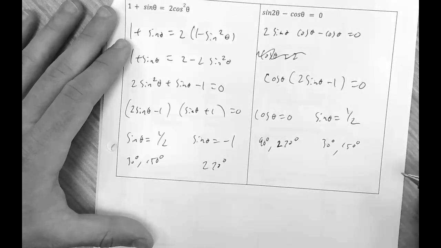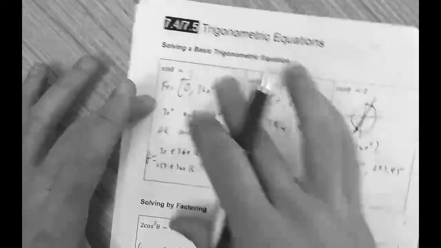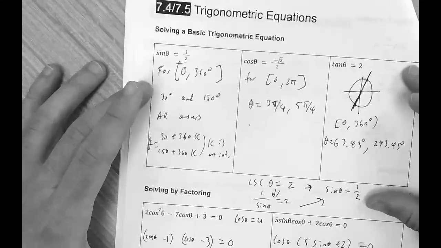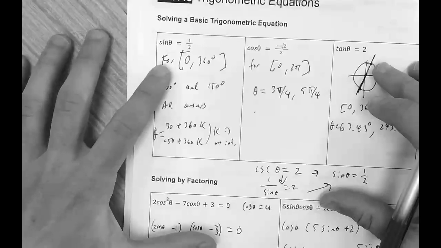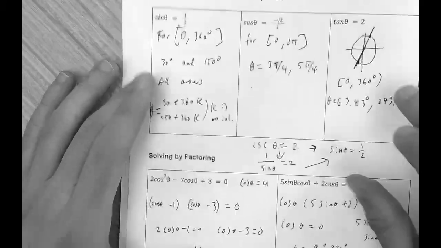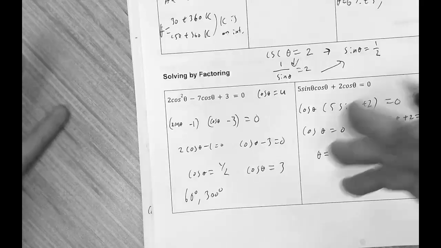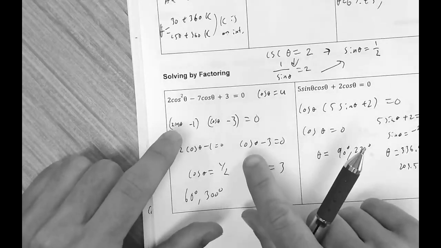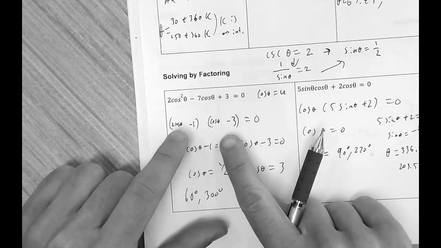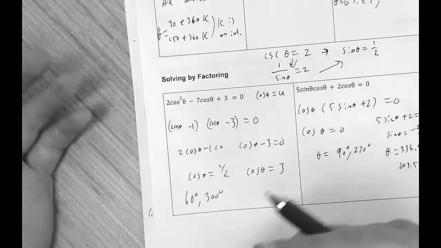Okay, and that's it. So kind of 3 sets of problems. We have the simpler linear ones. Get the trig value alone, take the inverse of both sides. You got it. Look at the range restriction. You have solving by factoring, which is a mixture of factoring plus that, where you treat the cosine squared and cosine like an x squared and an x.